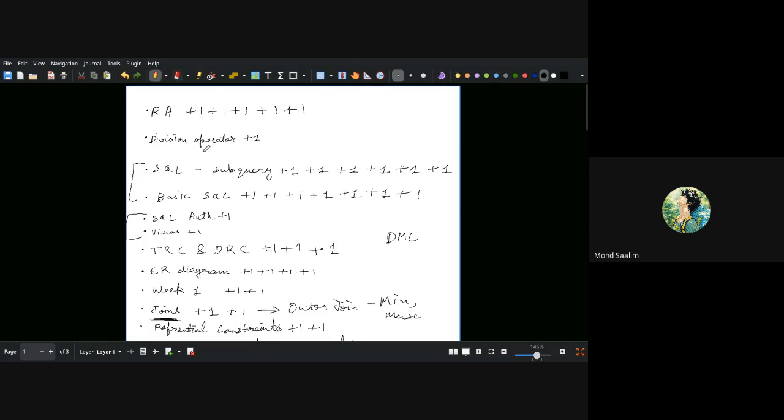Division operator also is common in quiz 1, and relational algebra is being asked again and again. So now you tell me, out of these topics that I collected, what you are thinking you need to revise. We will revise that and then we will again go back to those sets and we will cover them quickly.